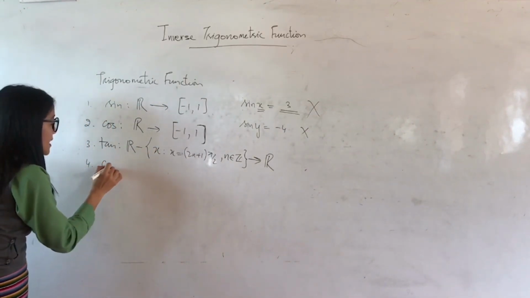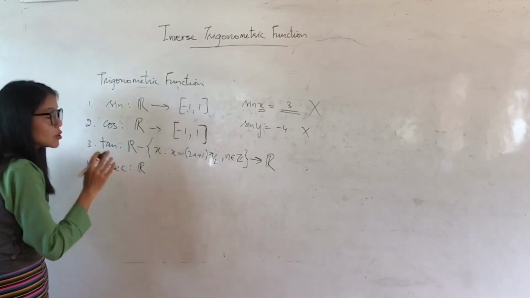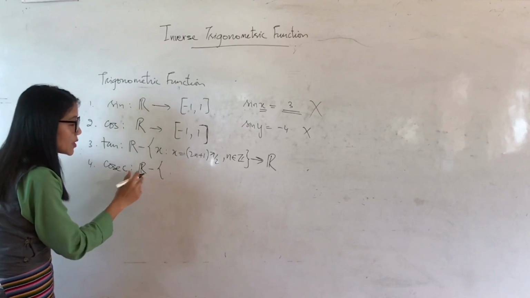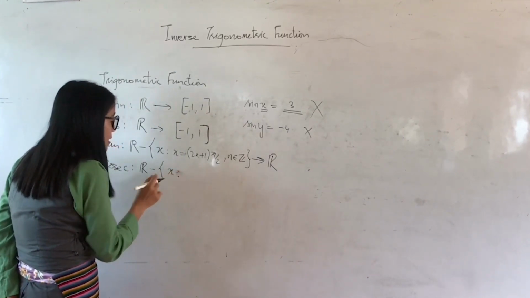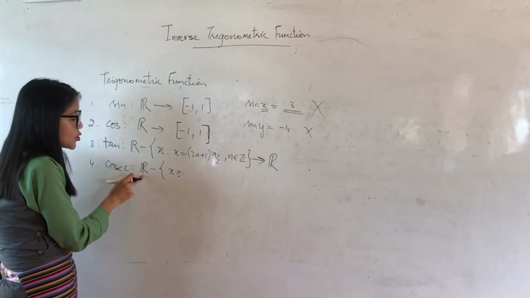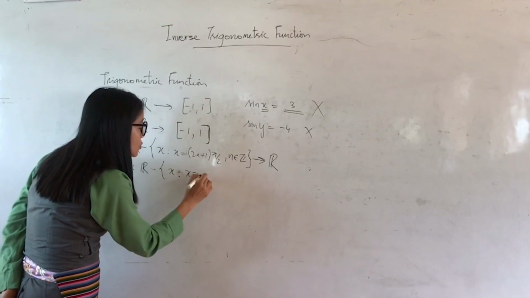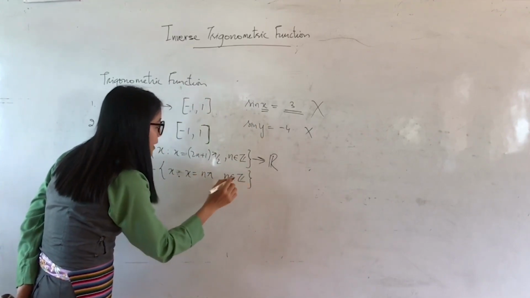Then we have the cosec function. So cosec is also not defined at some points. So we are excluding all such points from the set of real numbers. Okay, I write like this. From the set of all real numbers, I am excluding all x, where x is equal to n pi, where n is some integer, okay.